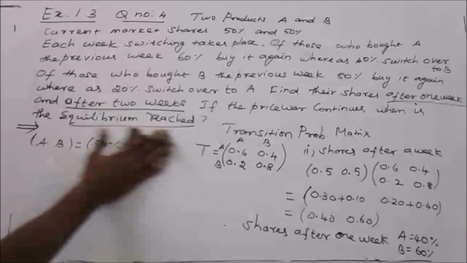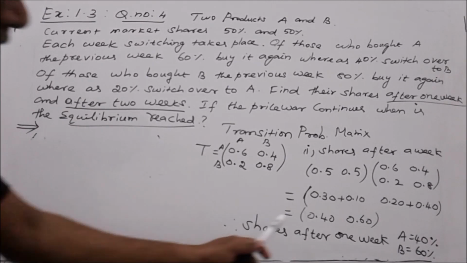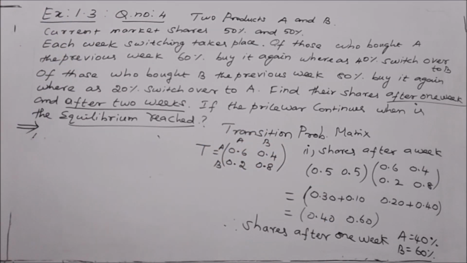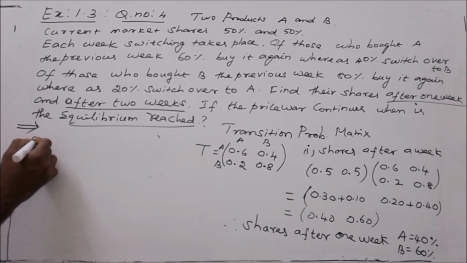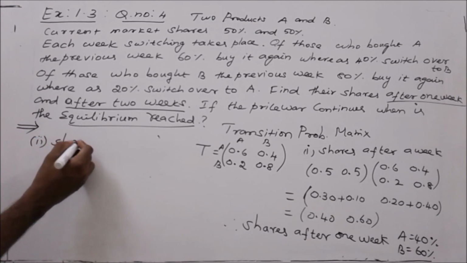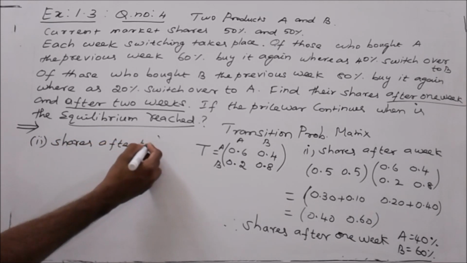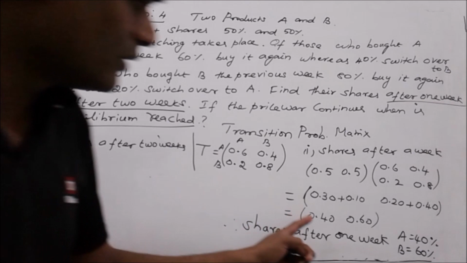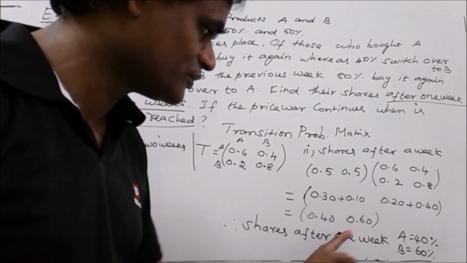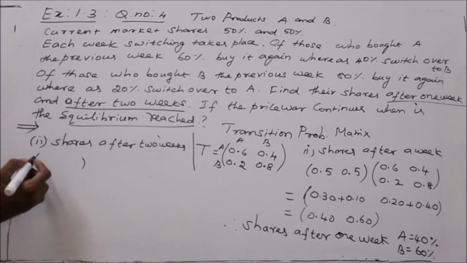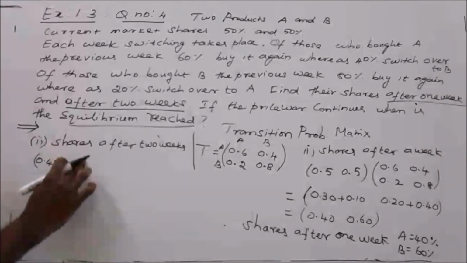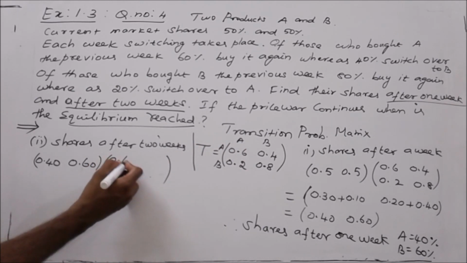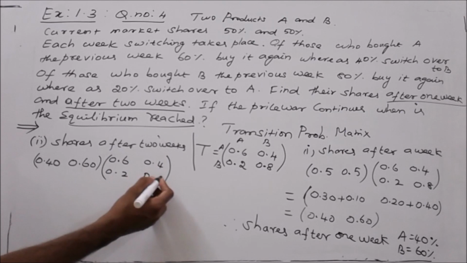To calculate the share after 2 weeks, take the distribution AB as 0.40 and 0.60 and multiply this with the transition probability matrix 0.6, 0.4, 0.2, 0.8.